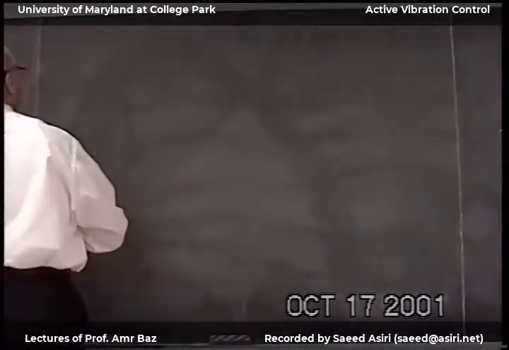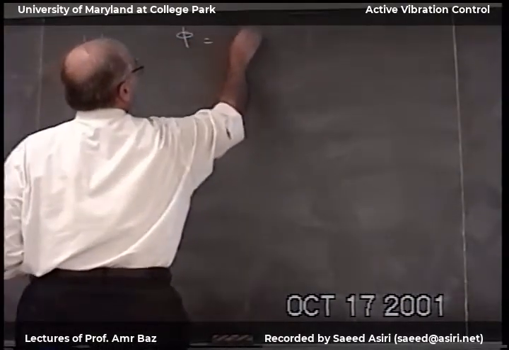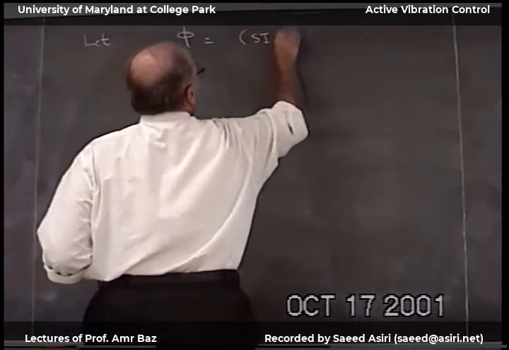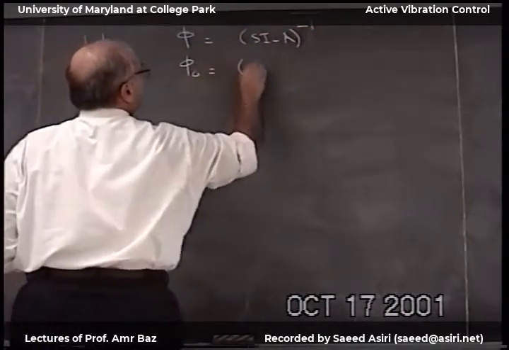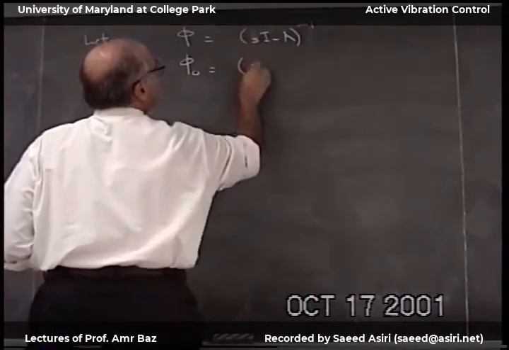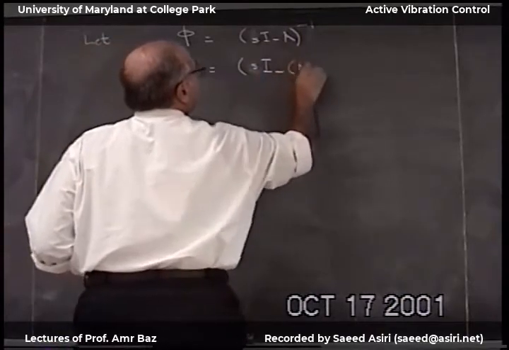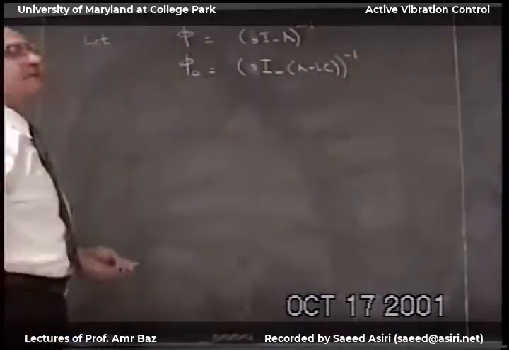I'll just define a couple of things. Let phi equal sI minus A inverse, and phi 0 is equal to the same with small s, Laplace, inverse.